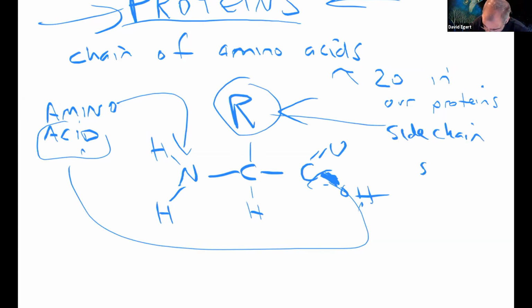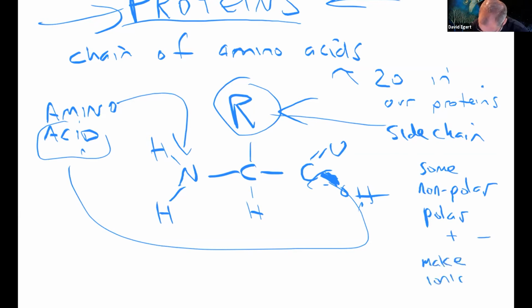You know, some are non-polar, some are polar, some are polar positive, some are polar negative. Some make ionic bonds, meaning not just charge imbalance, but they're going to give up or accept an electron to make an ionic bond. So different amino acids like to participate in very different kinds of chemical attractions.